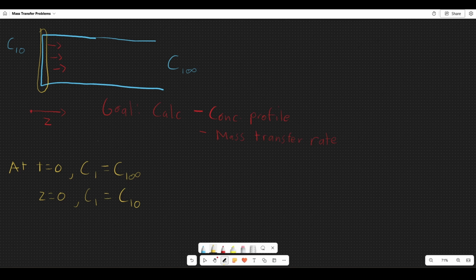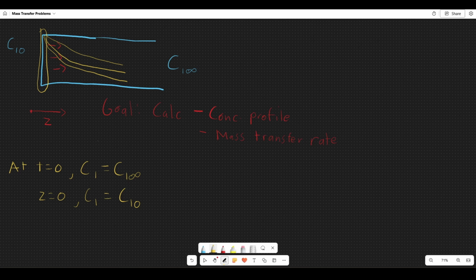But I did say that this is a semi-infinite block, and so what that means is that yes, at z equals 0 the concentration will be C1 naught, but if we were to look at concentration profiles, it would look something like this as time goes on. If I was to extend this block out all the way out here, the concentration is kind of negligible once you get to a certain z.